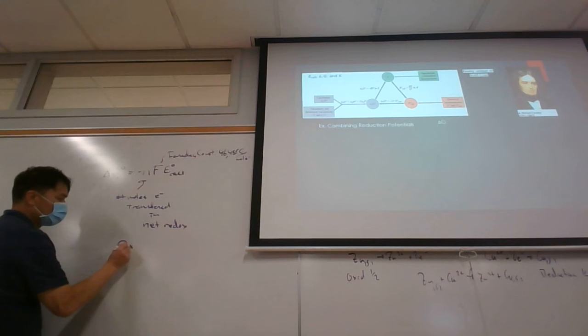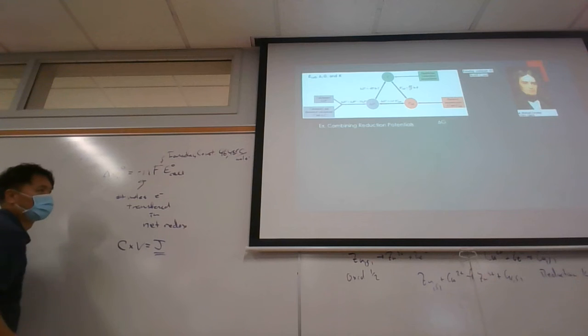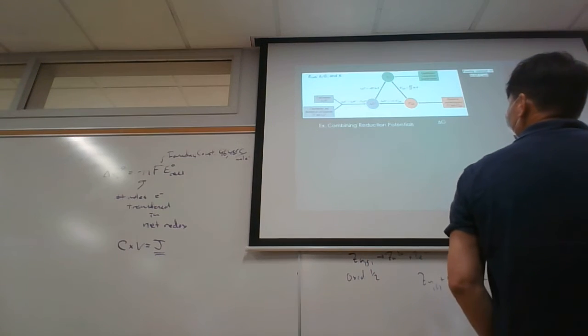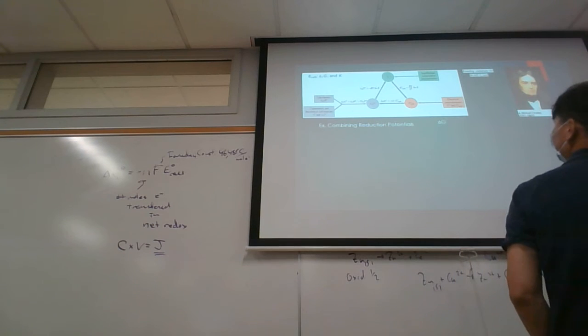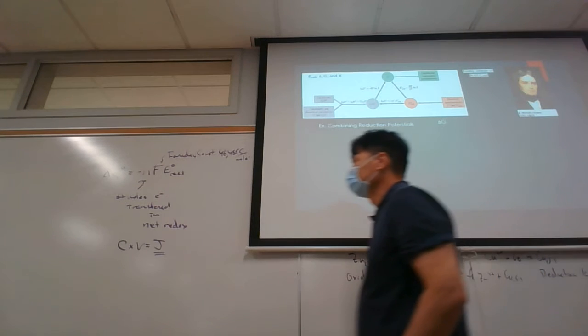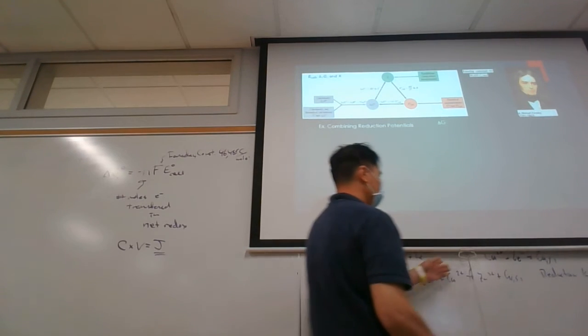So coulomb times a volt is equal to a joule. Right, so this is the relationship between E naught of the cell and the driving force.